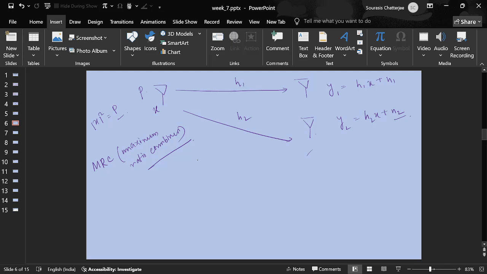And what should I do to do this MRC combining? There should be certain weights, right? Like, if I use weight V1 with Y1 and V2 with Y2, that's what you mean by combining. So what should these V1, V2 be? These are combining weights, right? And when you say maximum ratio combiner, what should the weights V1 and V2 be for it to be MRC?